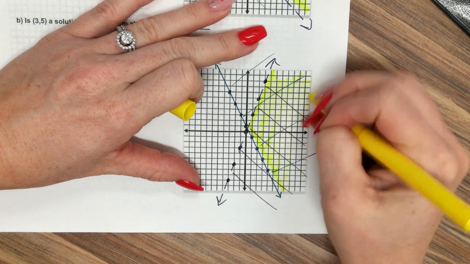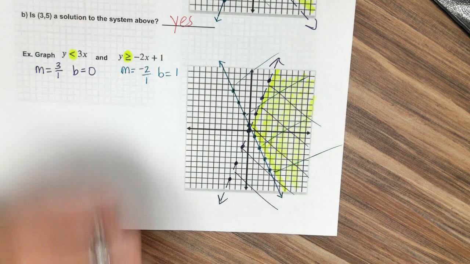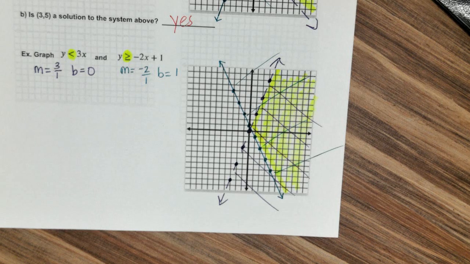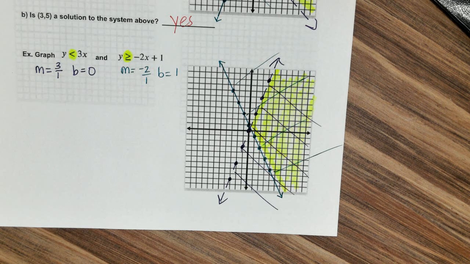And you don't have to shade beautifully. You can see like my highlighter's kind of running out of ink. I just need to be able to see all of that shaded area. So truly, this is not a hard lesson. It's just little mistakes people make.